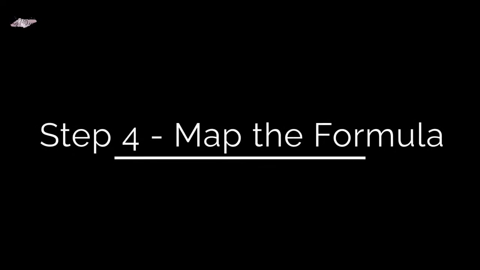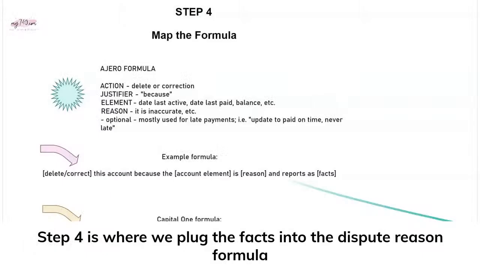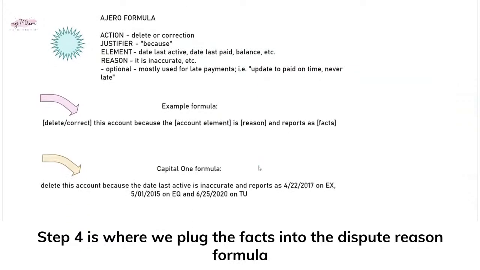Okay. So step number 4 is where we map the formula. We're using the Agero formula, and I will link that down in the description, but it's very simple. We have an action, delete or correct, a justifier, the word because, the element, date last active, date last paid, whatever, and the reason it's inaccurate, it's wrong, I paid, whatever. And then optionally, mostly used for late payments, update to paid on time, never late.